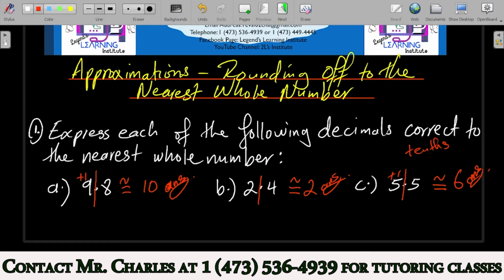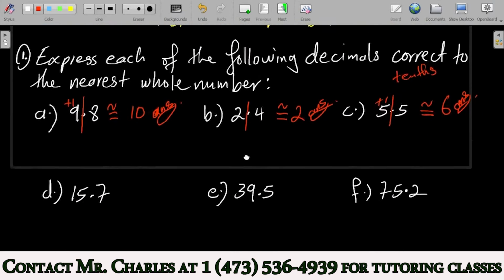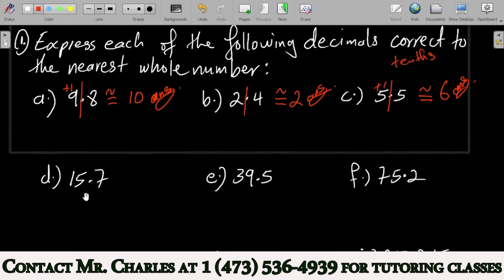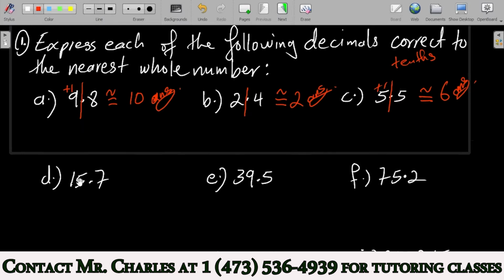Let's look at D. D is 15.7. Now the digit in the ones place, or the units place, is 5, and the digit in the first decimal place is 7. So our line has to go between the 5 and the 7.